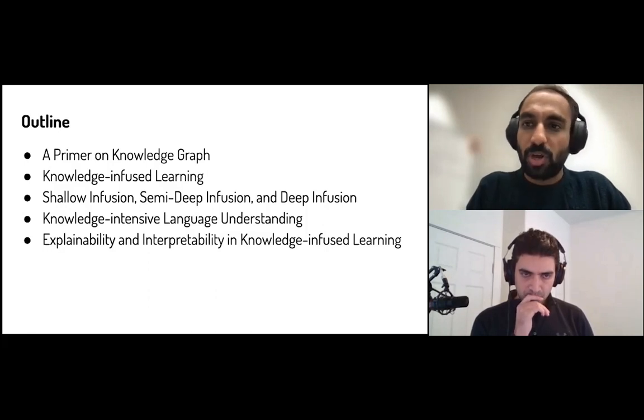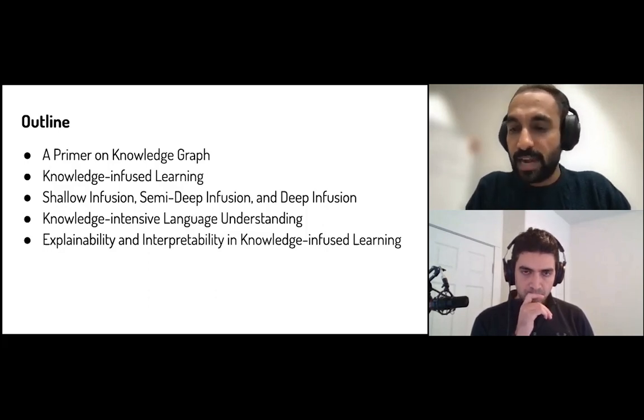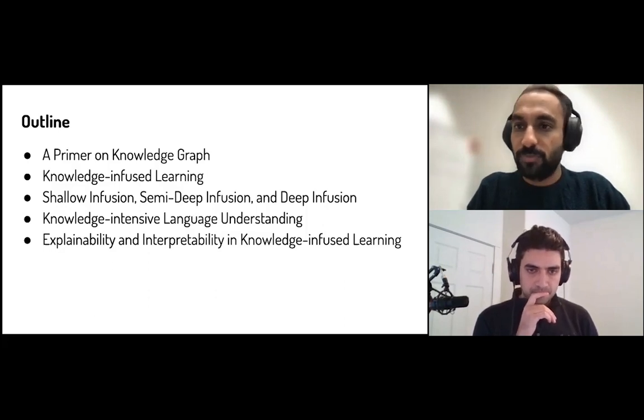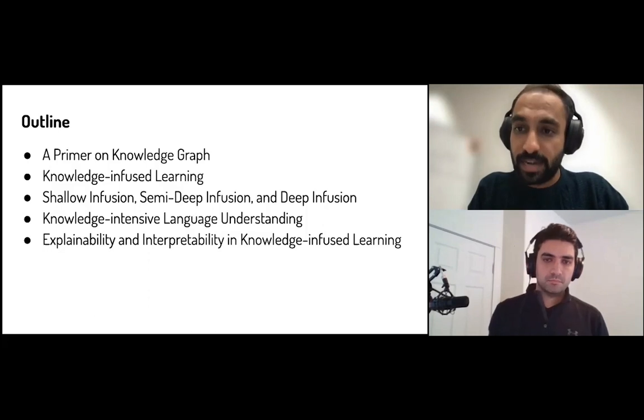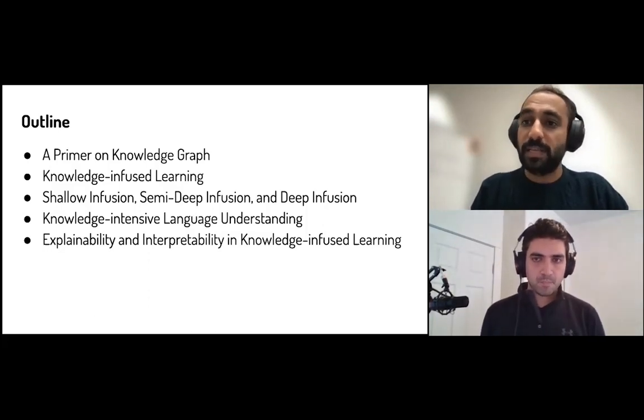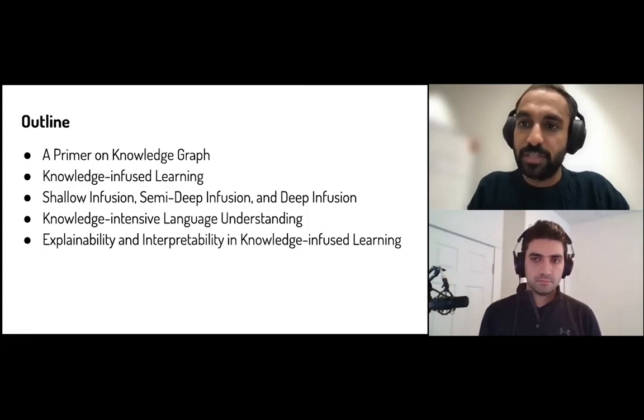Fourth point, I would be talking about knowledge-intensive language understanding. This is my current research focus, where I would be talking about developing novel tasks within natural language understanding, where the knowledge graph plays a very critical role, and specifically the annotation efforts in this direction are immense.